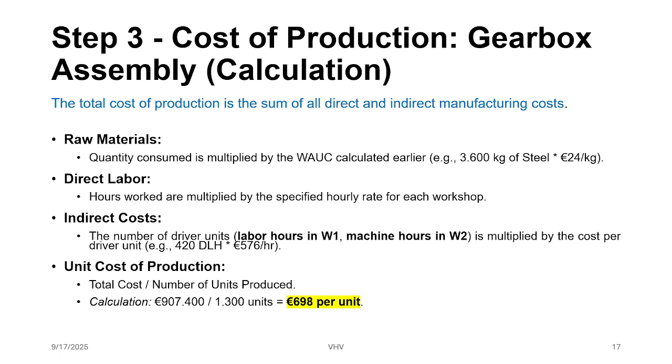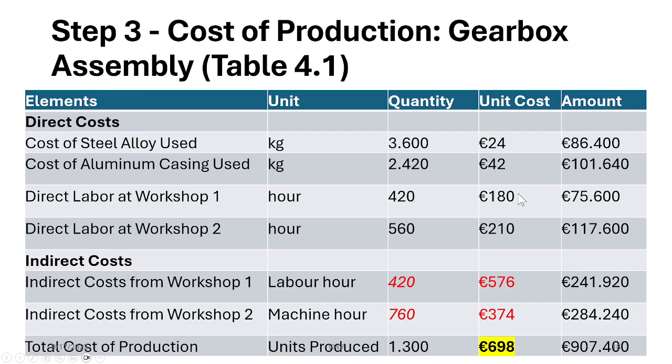We do the same for the cost of aluminum casing. The cost of aluminum casing is 2,420 kilograms multiplied by the cost of 42 euro.